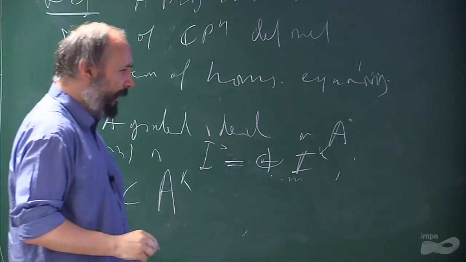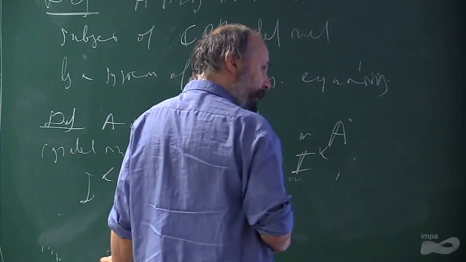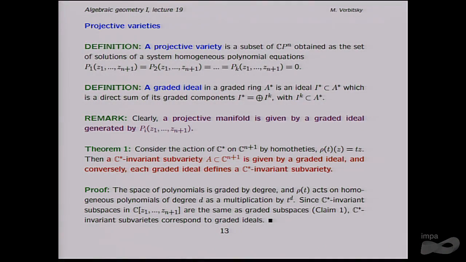So you have this C-star action, and you have C-star invariant subvarieties. C-star invariant subvarieties in C^(n+1) are given by graded ideals.